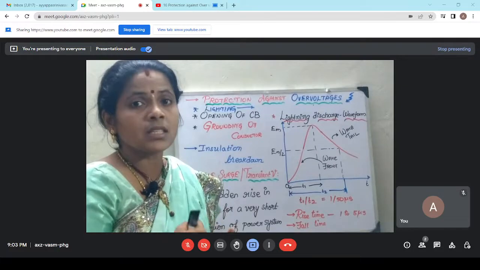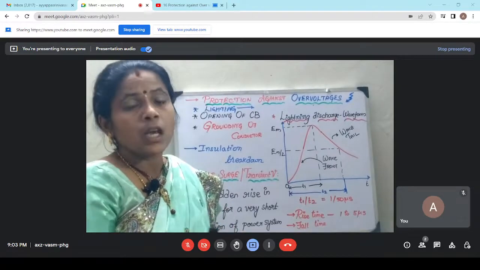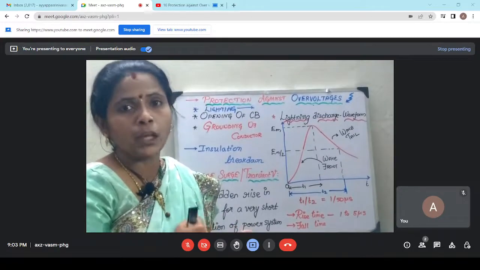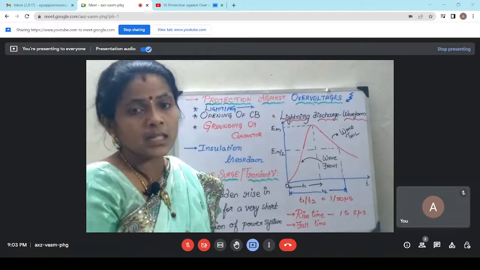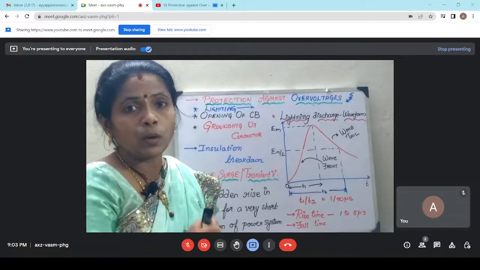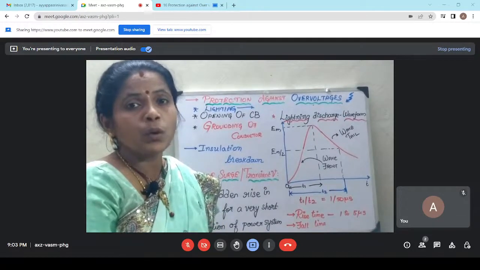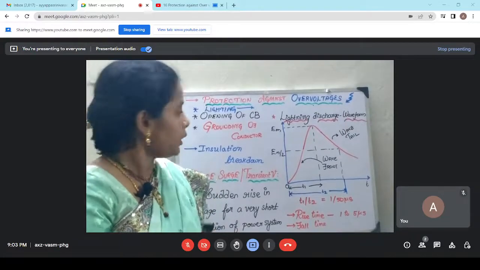As power engineers, it is our utmost duty to find the means and ways or devise some equipment so that we are able to limit these over voltages and safeguard our operating equipments.